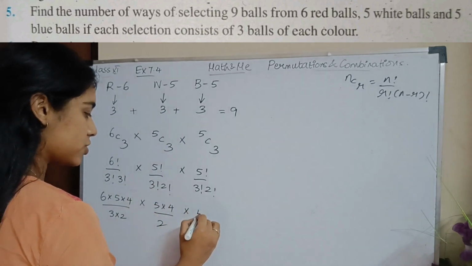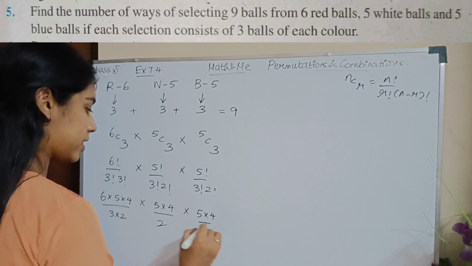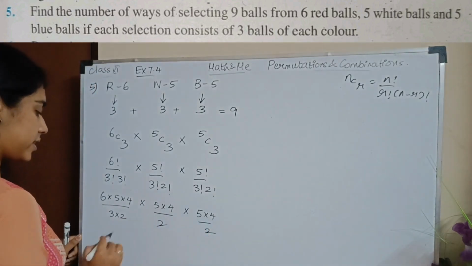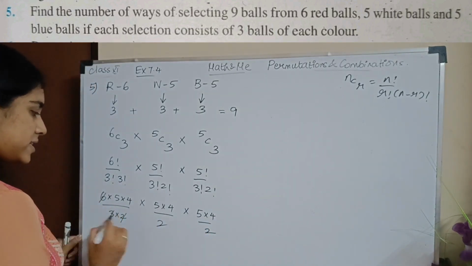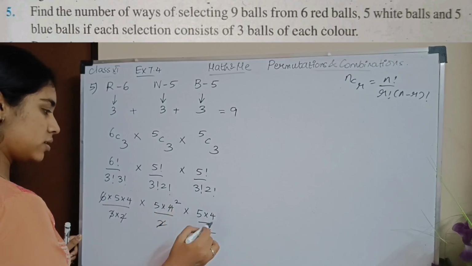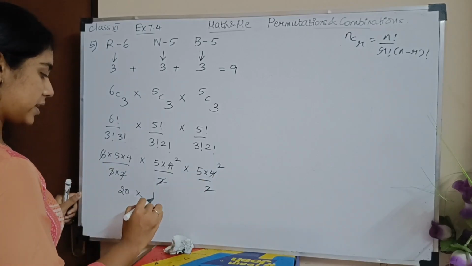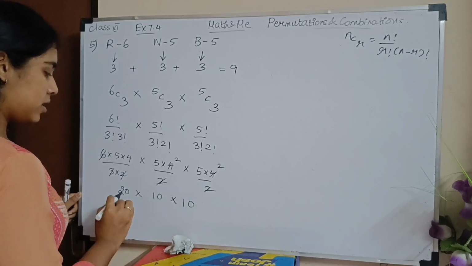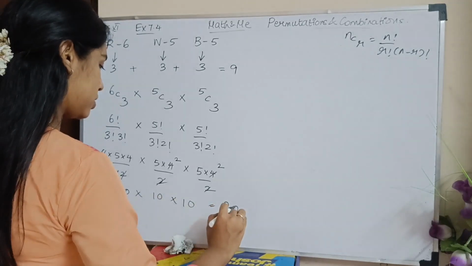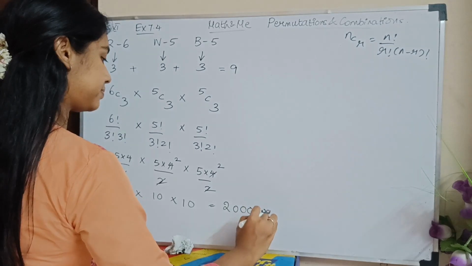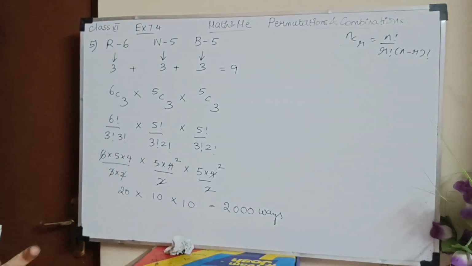I will be left with 2. So similarly 5 into 4 divided by 2. So 3 2s are 6, 2 2s are 2. So I will be left with 20 times 10 times 10. So 2000 ways. Okay.